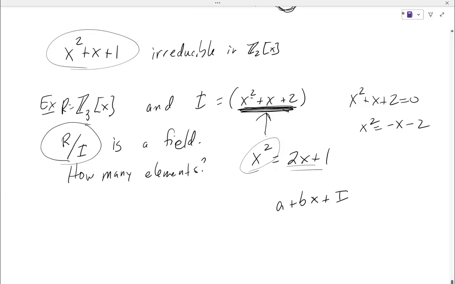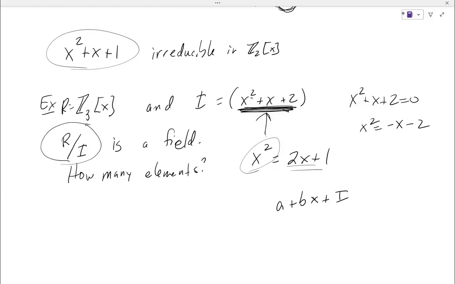Agree with that? Okay, we're mod 3. So negative 1 is the same thing as 2, and negative 2 is the same thing as 1. Yeah, that's where I came from. It's okay. I know, it's weird to get used to, right? I just hadn't processed it. No, that's okay.